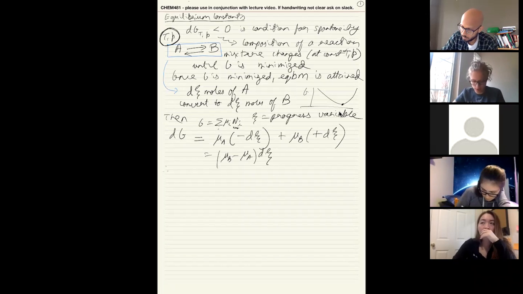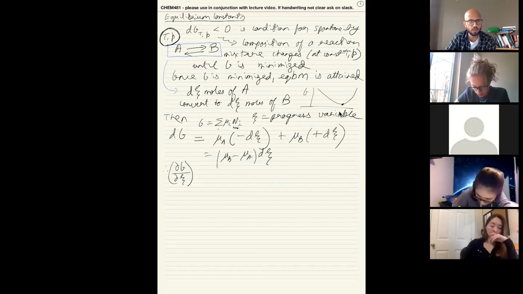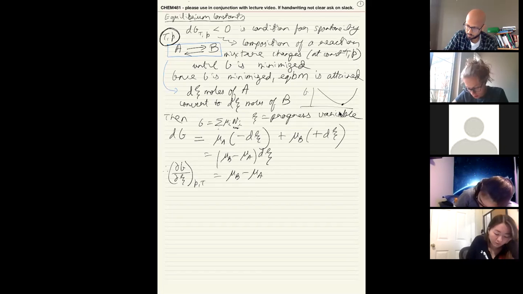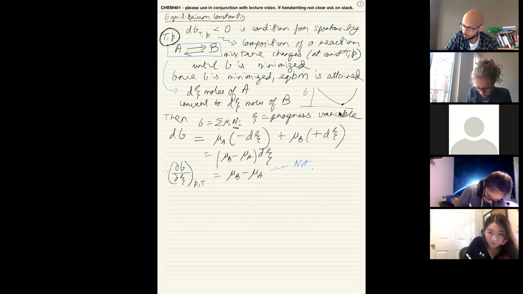So we can write down that partial G by partial xi, the change in Gibbs free energy with respect to change in progress of the reaction, which is how much of the reaction has actually happened at constant pressure and temperature, is going to be mu B minus mu A. Now, super important thing here is that this is not mu B naught or mu A naught.